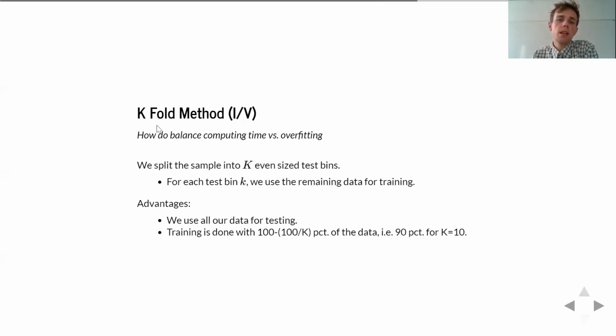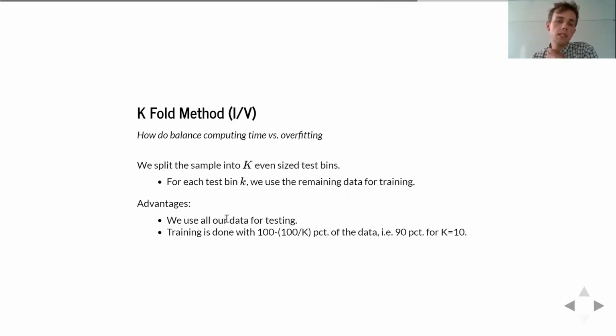What we do with the k-fold method is that we split the sample into k even-sized bins, and then for each test bin, lowercase k, we use the remaining data for training, and then we evaluate the performance on bin k, and then we rotate our data and use the different bins for training and validation.